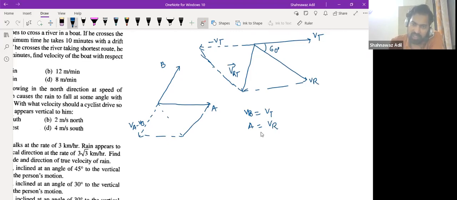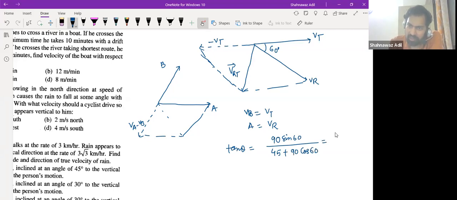So which means that we can calculate the tan theta by B sine theta, which is VT sine theta. So 90, and sine of theta is 60, divided by A, which is 45, plus B, right? And cos of 60.